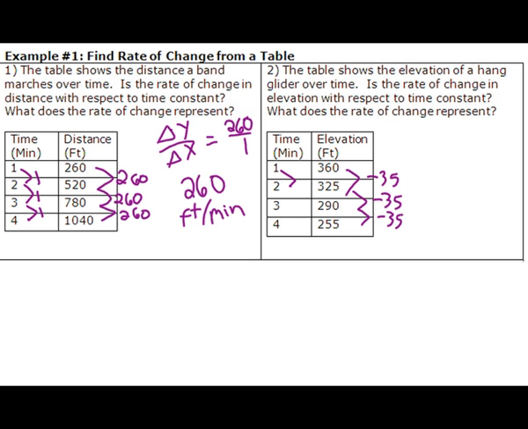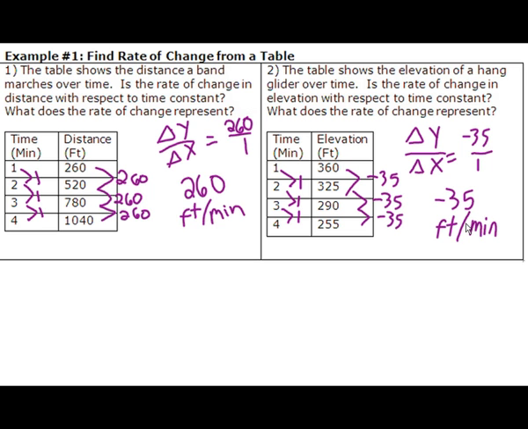The time, if you notice, is going up by 1 every single time. So my change in y over my change in x is negative 35 over 1. So this means that we're decreasing 35 feet per minute. So this is feet per minute.